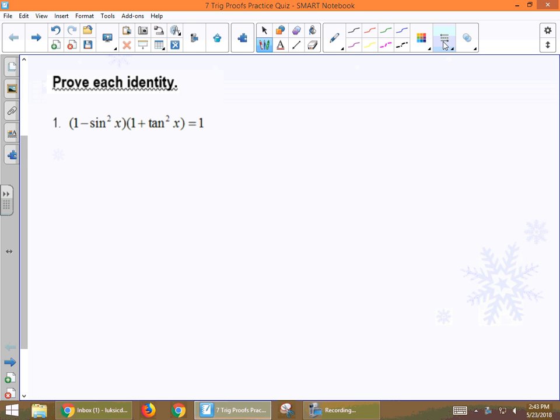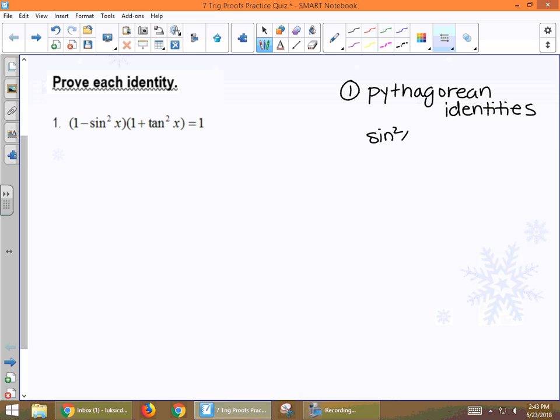What I try to look for when I'm doing trig identities, the first thing I look for are Pythagorean identities. The big one that you have memorized is sine squared plus cosine squared equals 1.